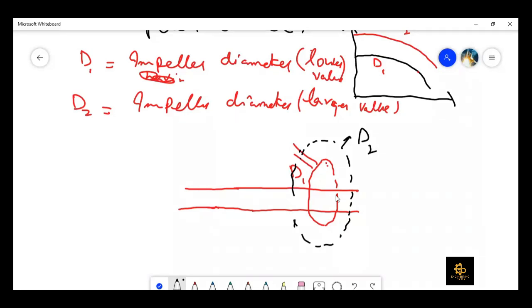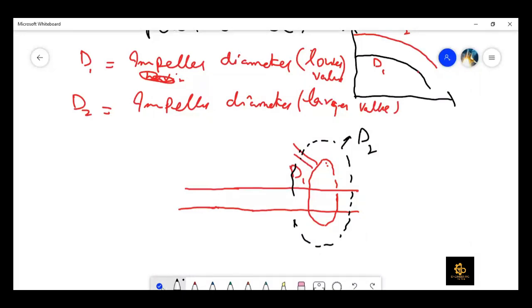Because every pump comes with different impeller diameter options, we can always replace the smaller diameter with a larger diameter to achieve our objective of increasing the net head or the volume flow rate. Maybe it is clear to you now. So we are talking about this option here, that it is more practical to use the same single pump with the larger impeller diameter.